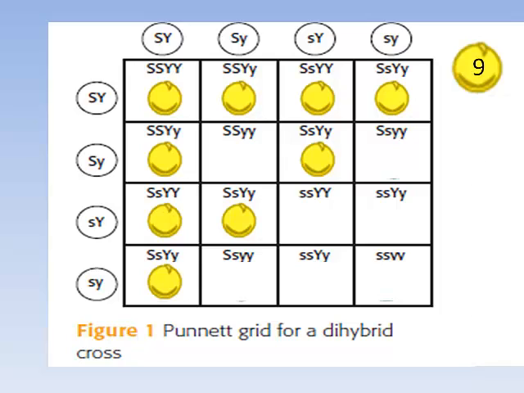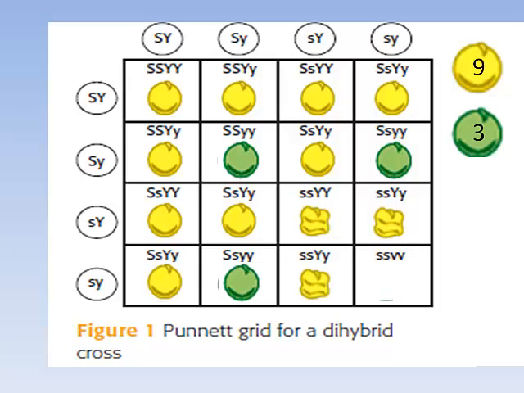We'll end up with 9 yellow smooth peas. We'll end up with 3 smooth green peas because we'll have 3 boxes where we have at least one dominant allele for the first trait and 2 recessive alleles for the second trait.